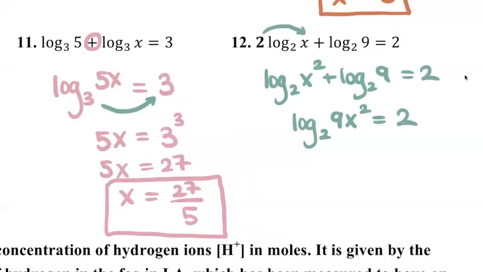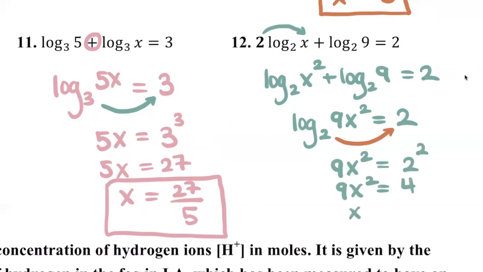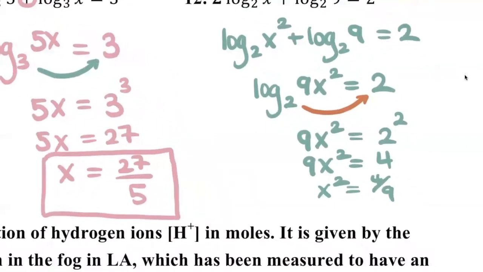All right, let's go ahead and bring up that to put it in exponential form. So that's 9x squared is equal to 2 squared. So that equals 4, which gets me x squared equal to 4 over 9, running out of room. Square root both sides, and I get x is equal to plus or minus 2 over 3.